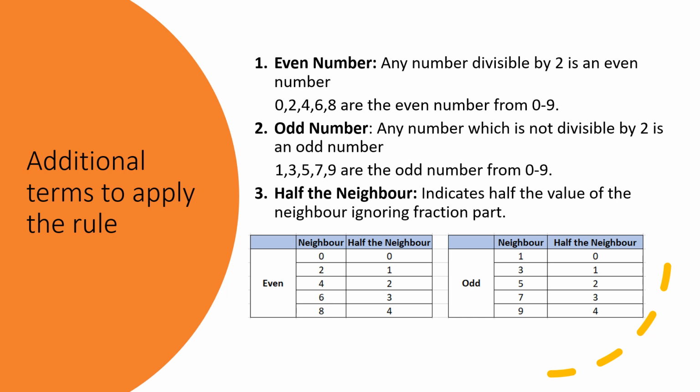We use another term, half the neighbor, which indicates that we will have to halve the neighbor. If it is 0, 2, 4, 6, 8, then half the neighbor would be 0, 1, 2, 3, 4. And if it is an odd number 1, 3, 5, 7, 9, it will be the same 0, 1, 2, 3, 4, because we are not going to consider a fraction part here.